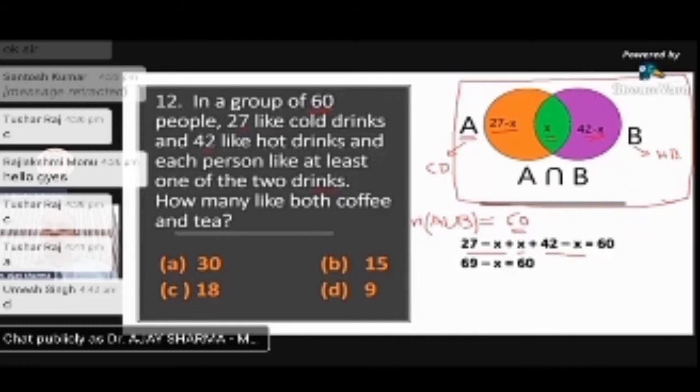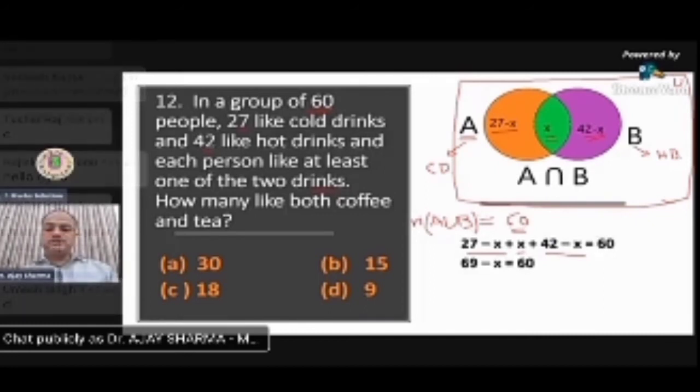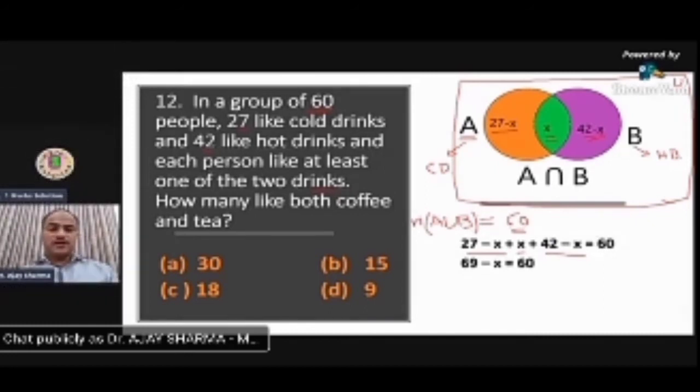But here the elements of U will not be 60. These 60 elements will be of A union B only. Why? Because it was written that each person likes at least one of the two drinks. So the total possible elements will be inside these colored portions only. We will not go beyond this portion.